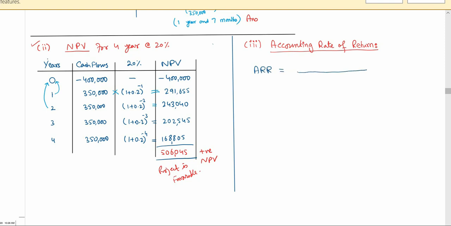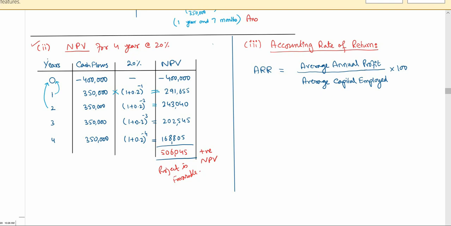Yes, well done. So the formula is the average annual profit divided by average capital employed, into 100.